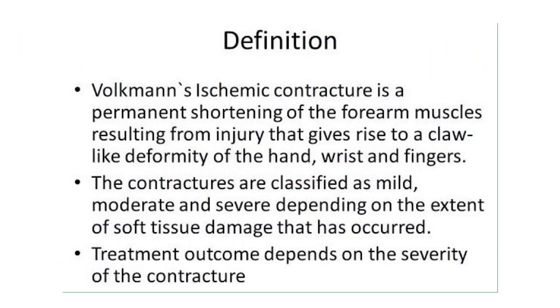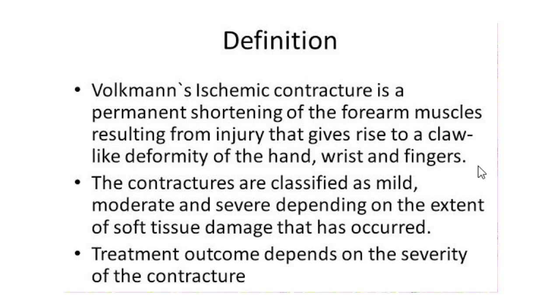Or you may also define Volkmann ischemic contracture as a permanent shortening of the forearm muscles resulting from injury to the brachial artery that gives rise to a claw-like deformity of the hand, wrist and fingers. Do not confuse Volkmann ischemic contracture with the ulnar claw hand.